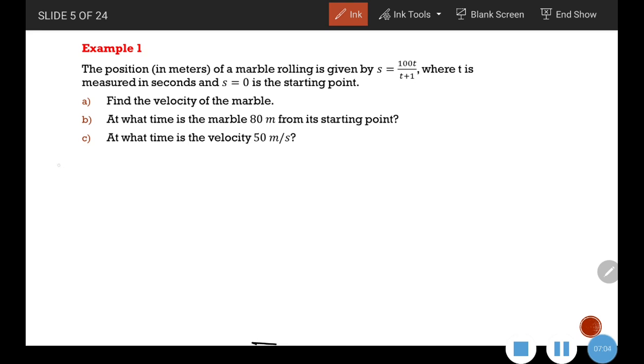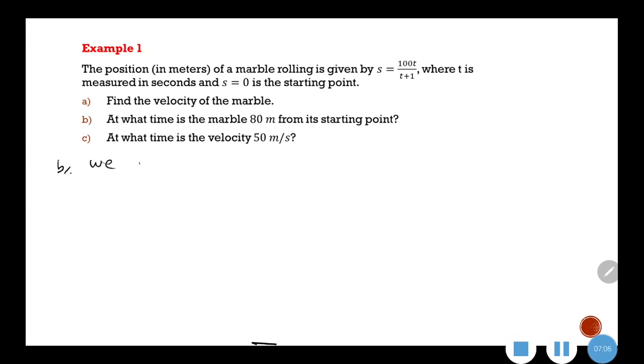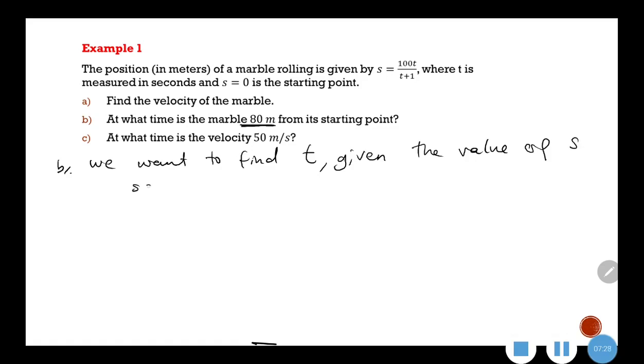For b, we want to find t given the value of s, 80 meters.